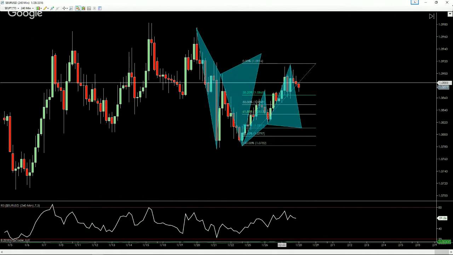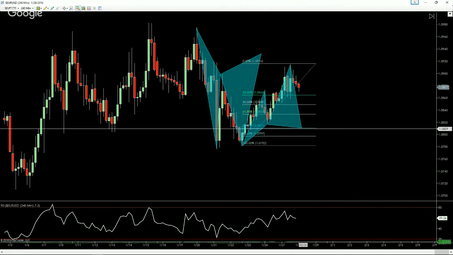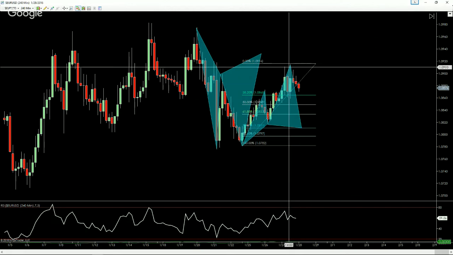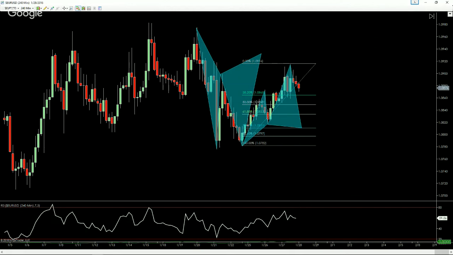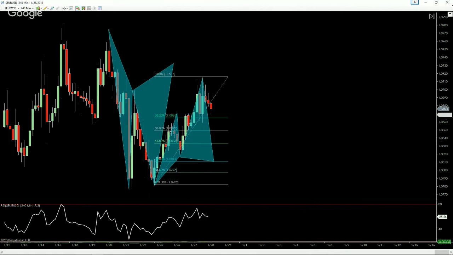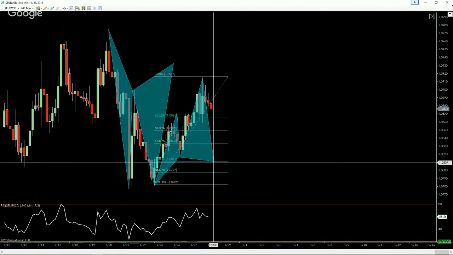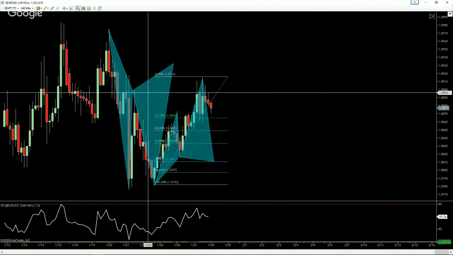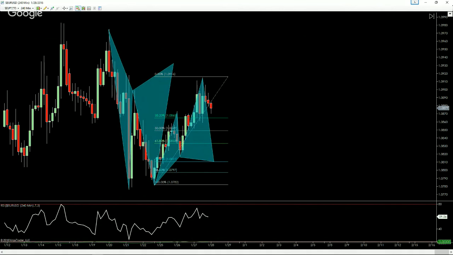If price just continues to go back down to this 786 level, that is a valid cipher pattern. And if that completes and actually hits your target 1s and 2s without violating this level right here, this Gartley pattern would still be valid.